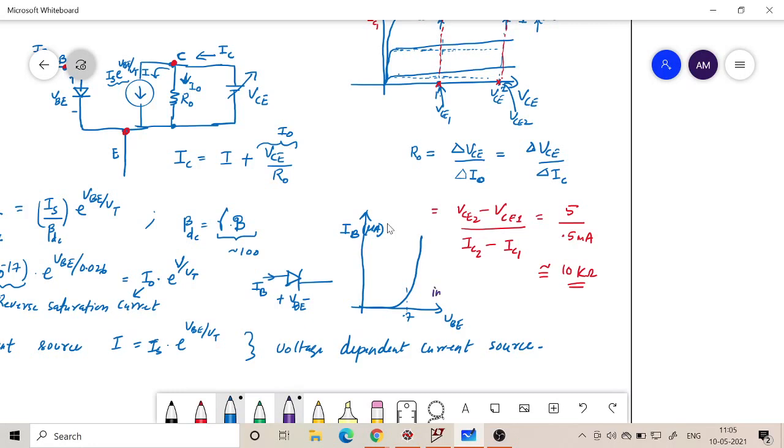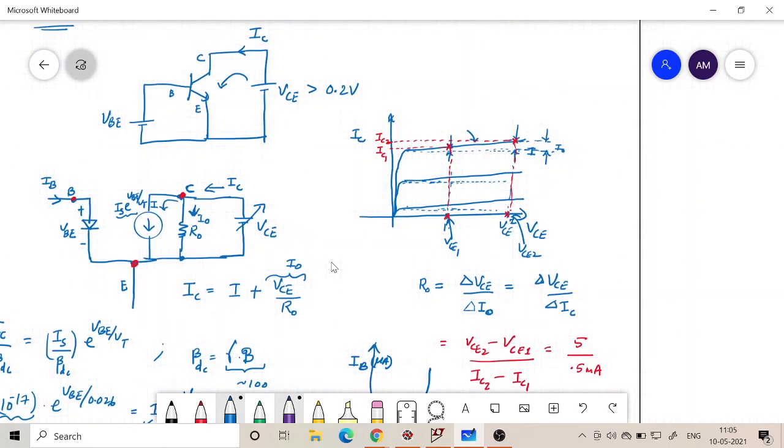This is called the input characteristics, because it is input current versus input voltage. Whenever you are asked to plot input characteristics, you have to plot IB versus VBE, whereas this one is the output characteristics.